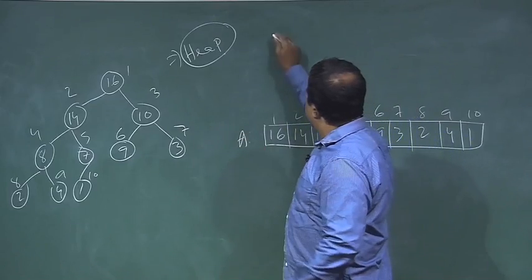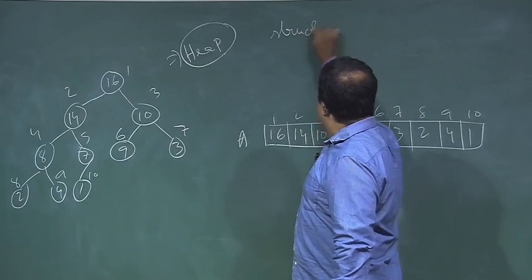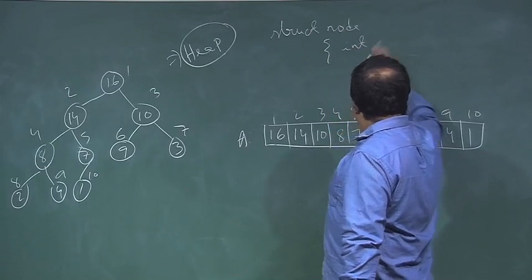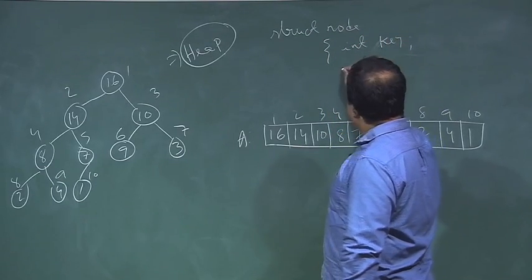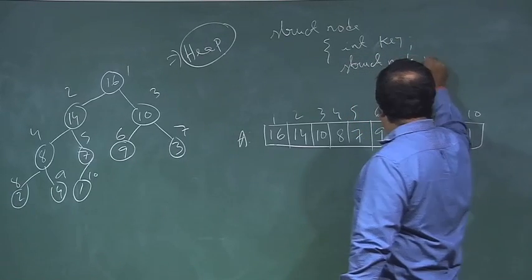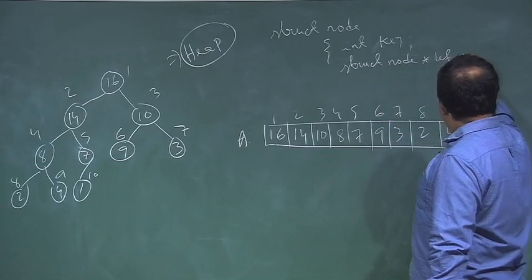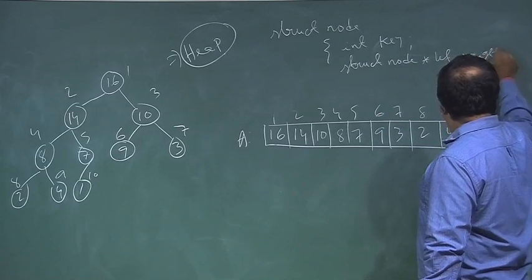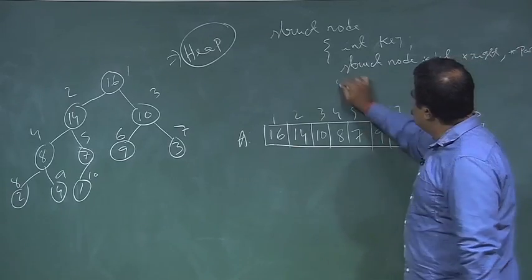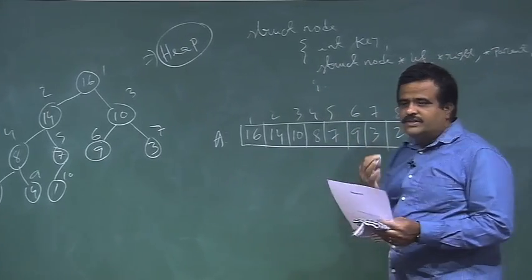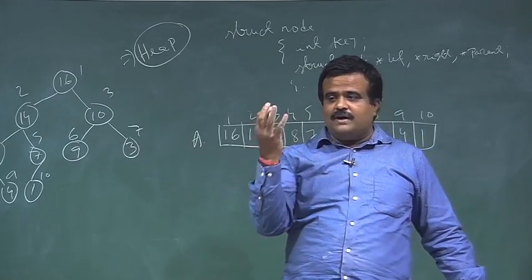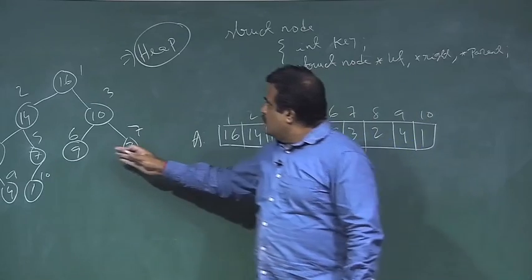We need to define a structure, struct node, then we need to have the data or the key value, and then we need to have the pointers: struct node star left, star right, maybe star parent, something like that. So this way we implement a tree in C, but here we do not need that.